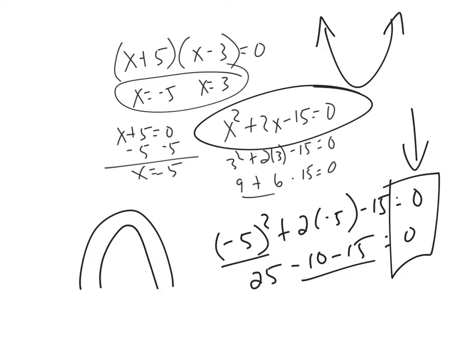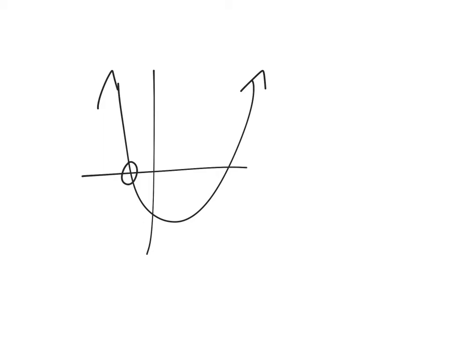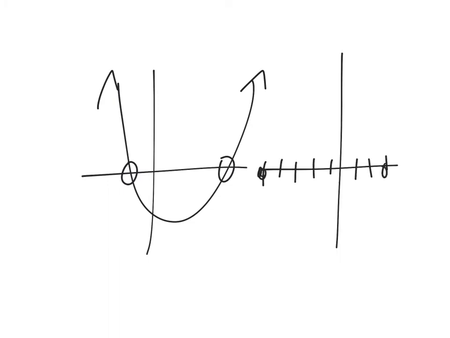And the idea of the 0 is the solutions are where the parabola touches the x-axis. So if we had a graphing axis, the solutions would be wherever this crosses, okay? And so for that one that we just did, it was negative 5 and 3, and so that parabola would look something like that. Okay, that's what's going on there.